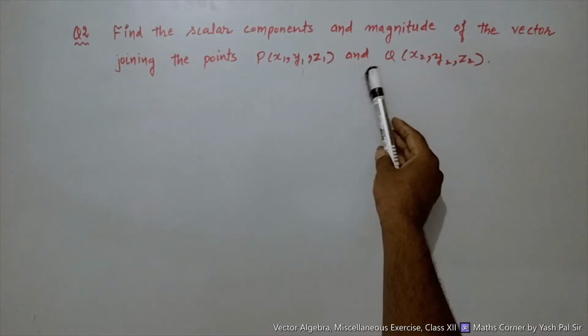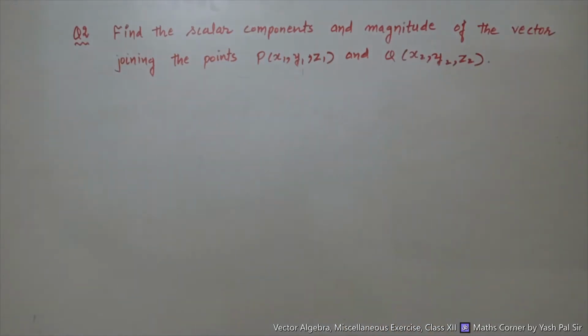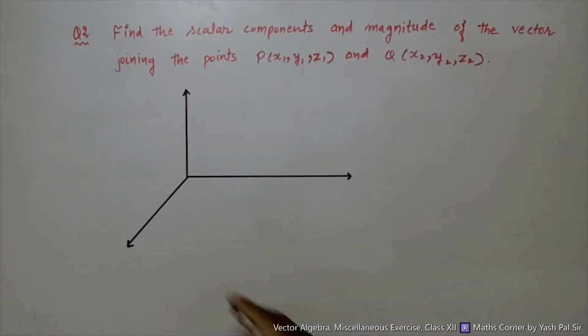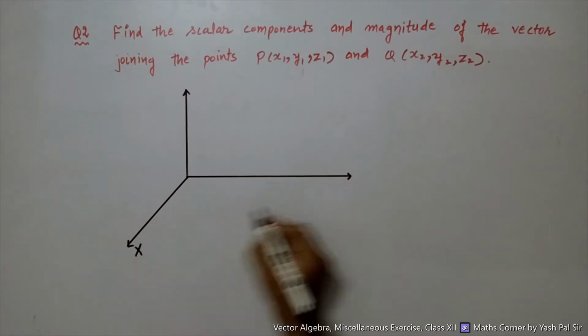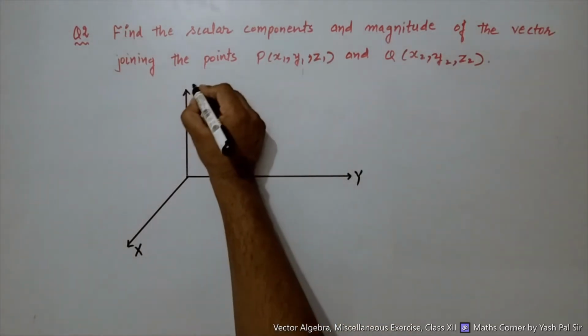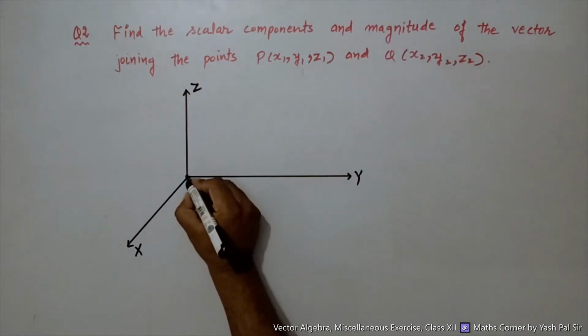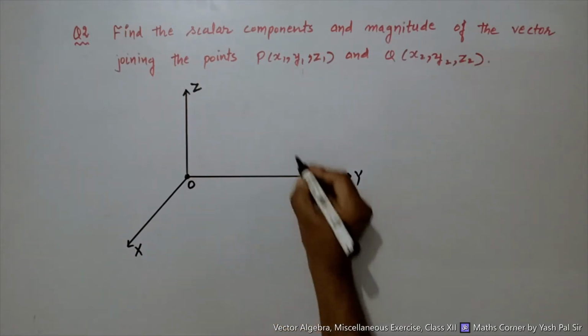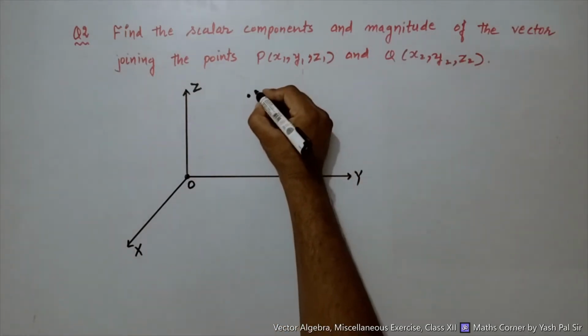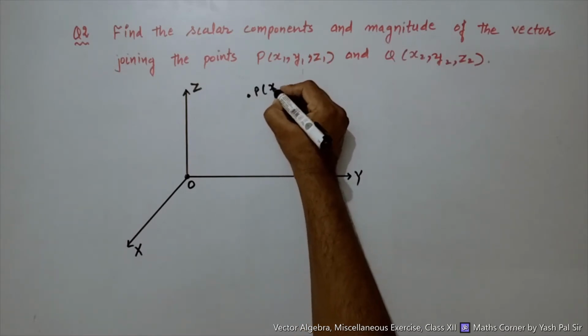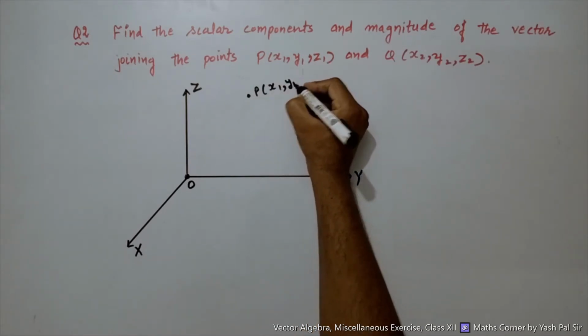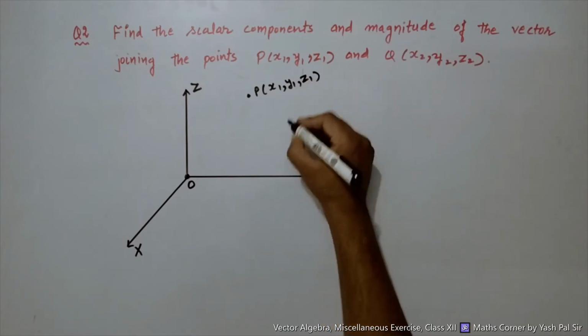Question number 2, find the scalar components and magnitude of the vector joining the points P x1 y1 z1 and Q x2 y2 z2. Again suppose we have the xyz plane, three dimensional plane, origin O. So here suppose P is any point, coordinates are x1 y1 z1.